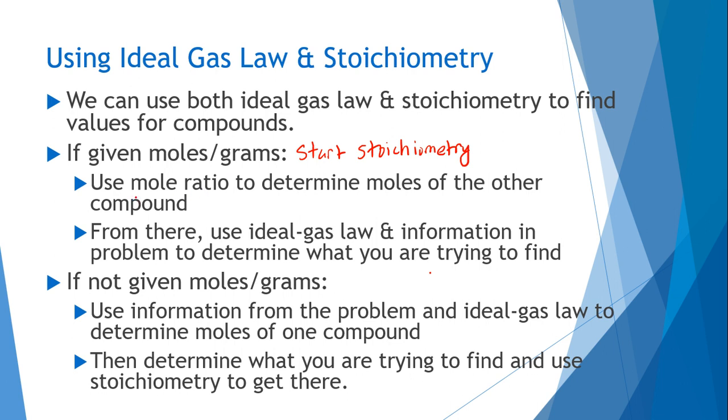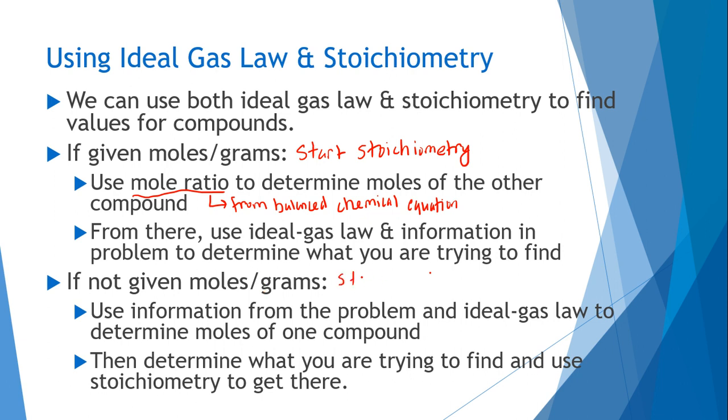Remember, this comes from our balanced chemical equation. We're going to use that mole ratio to determine how many moles there are of the other compound, because the mole ratio allows us to convert between different compounds. From there, we're going to use the ideal gas law and information in the problem to determine what we're trying to find. For example, we would use the ideal gas law if we're trying to find pressure, volume, or temperature.